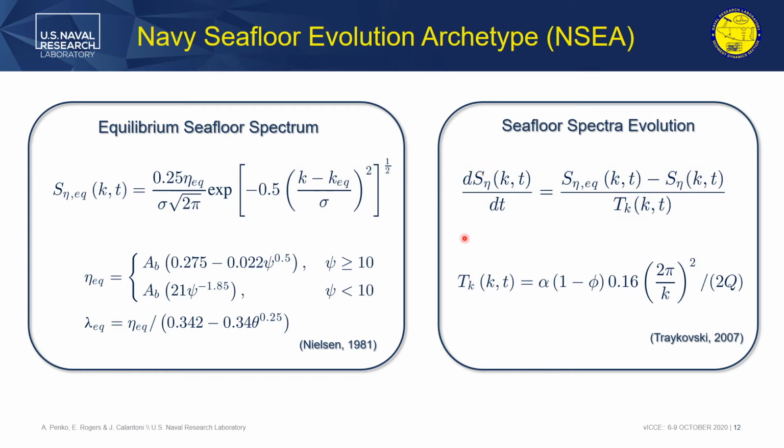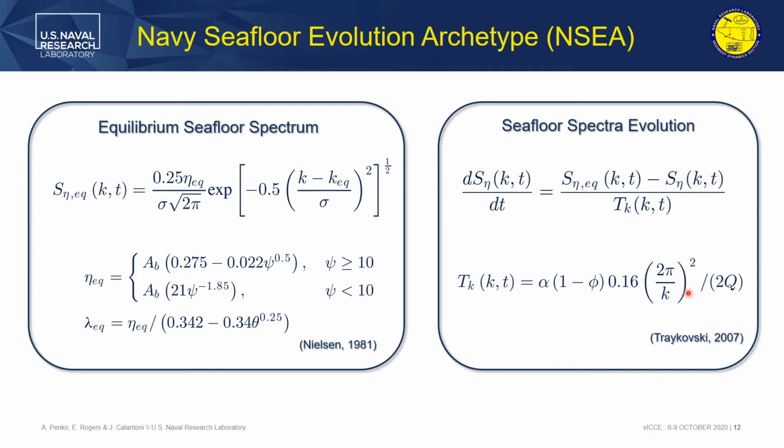So this is just saying that the time rate of change of the seafloor spectra is determined by how far the present spectra is from the equilibrium spectra, which is what it's being driven towards, and an adjustment time scale, which is here in the denominator. So the adjustment time scale equation is based on the volumetric sediment transport rate Q, as well as the cross-sectional area of the ripple.